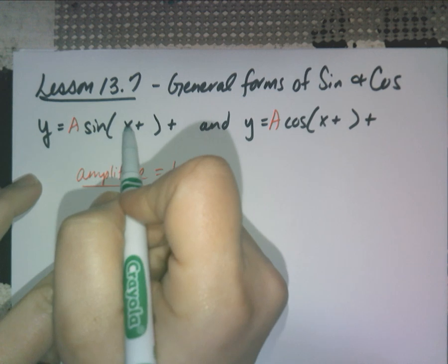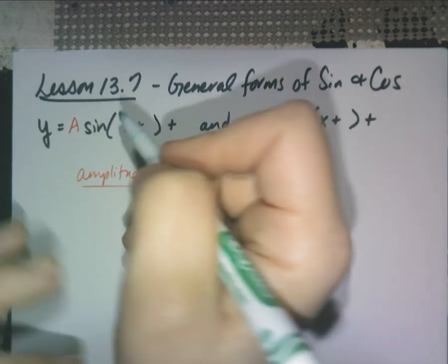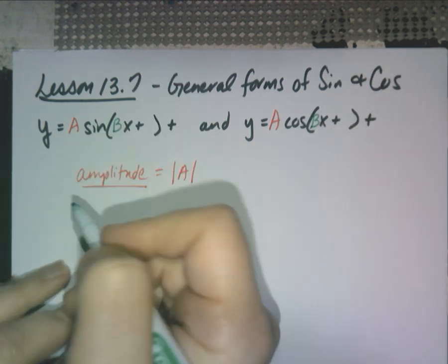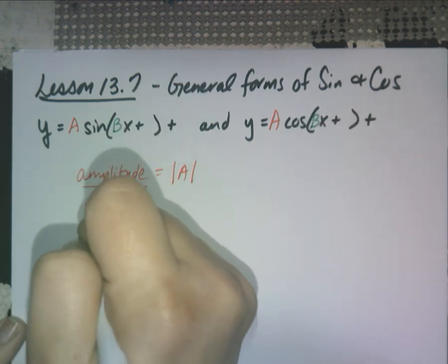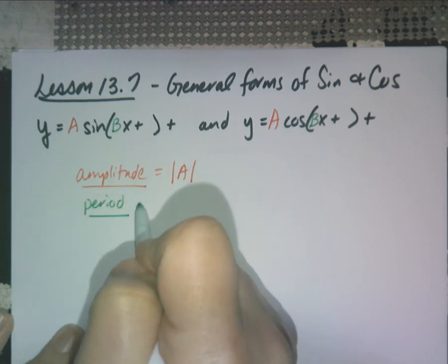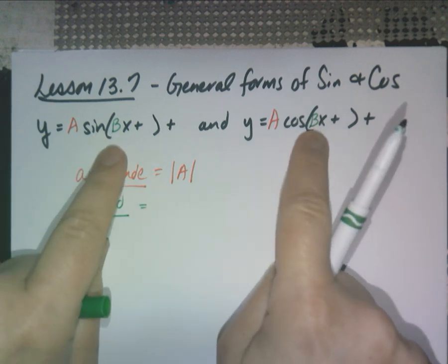The number that's next to the x, the number like pi, or it could be 2 or 1/2, whatever, we'll call it B. That helps you figure out your period. Now, your period for sine and cosine is always 360 unless there's another number here.